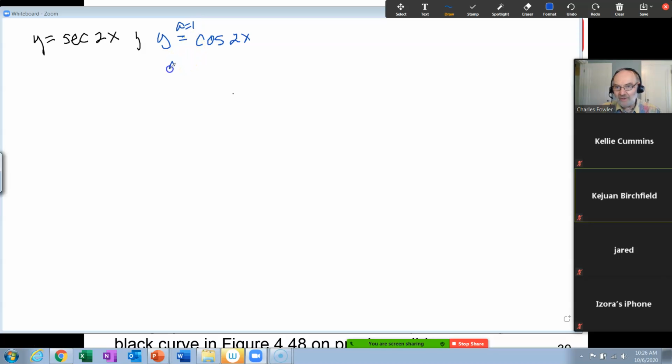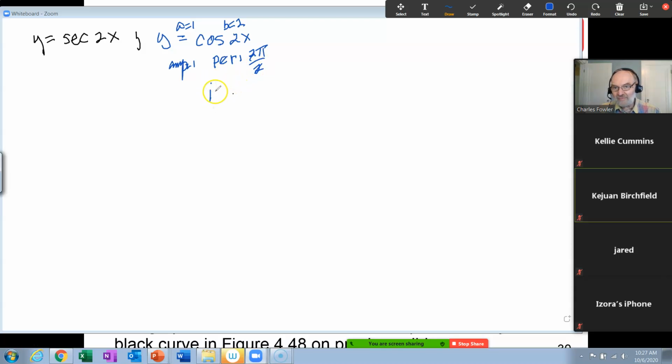So the amplitude is 1. Okay. B here is equal to 2. What does that relate to? B relates to the period. And the period is what? Normally for cosine it's 2 pi, but because you got a B of 2, divide by 2. So that makes the period pi.